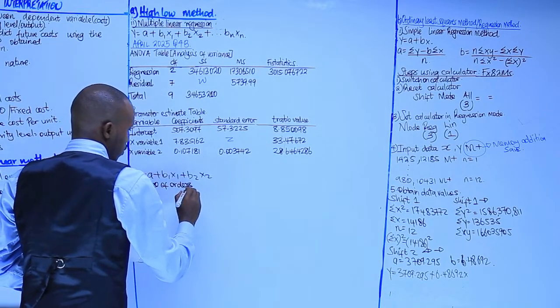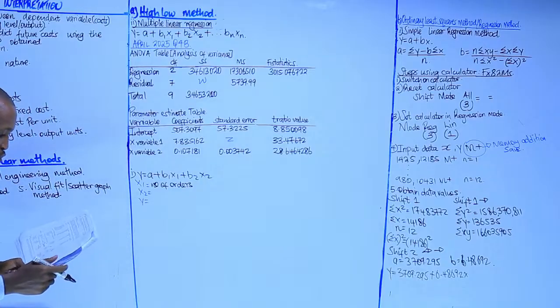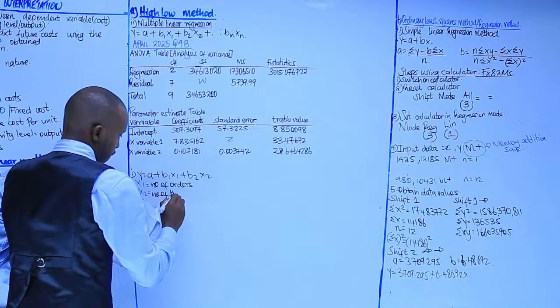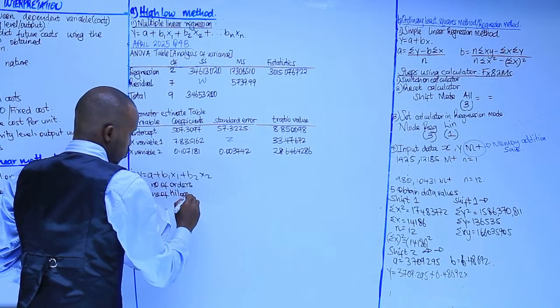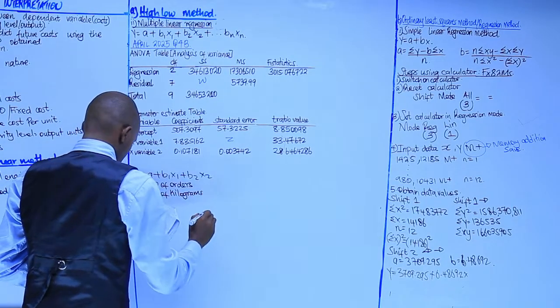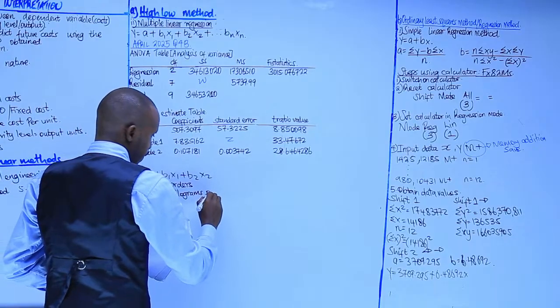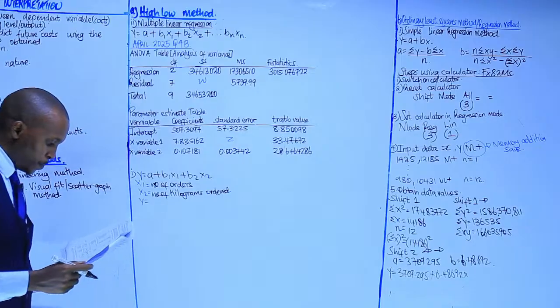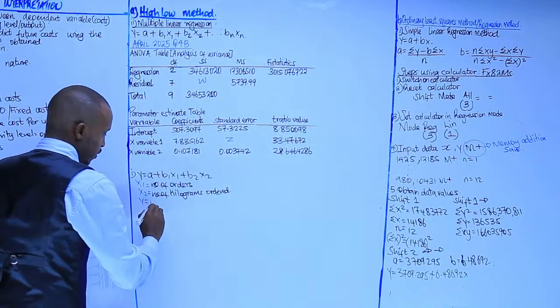X2 is the number of kilograms ordered. You must select those two. Y is your material handling cost.